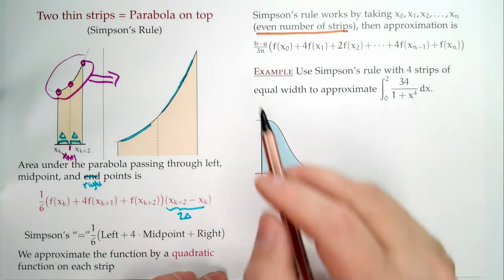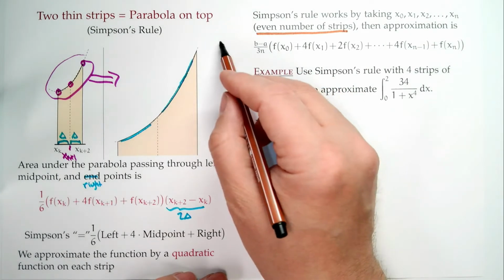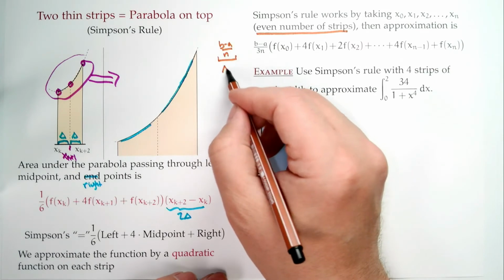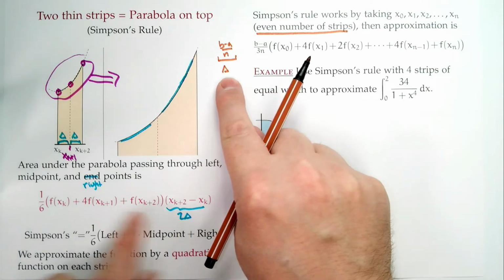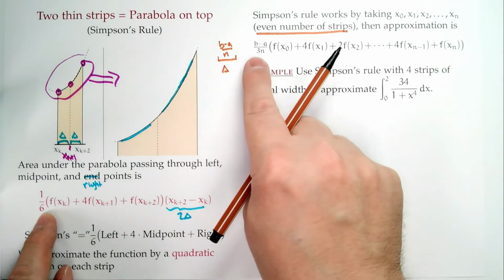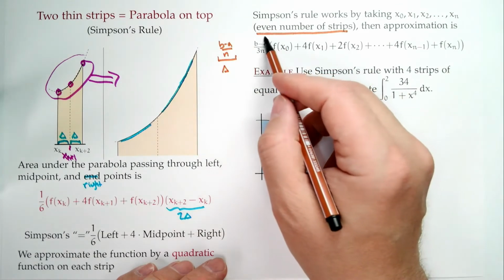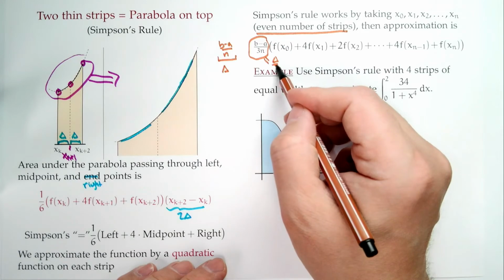So what we get is b minus a over 3n. Now, b minus a over n is just another name for delta. So that's good. And the 2 and the 6, that's where that 3 comes from. We should think of this piece right here as being delta over 3.